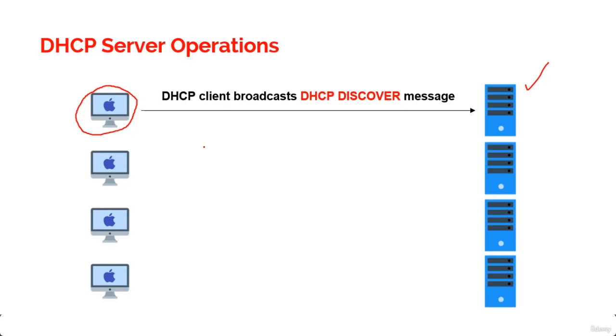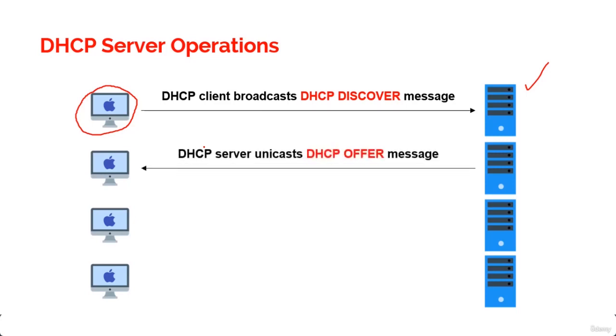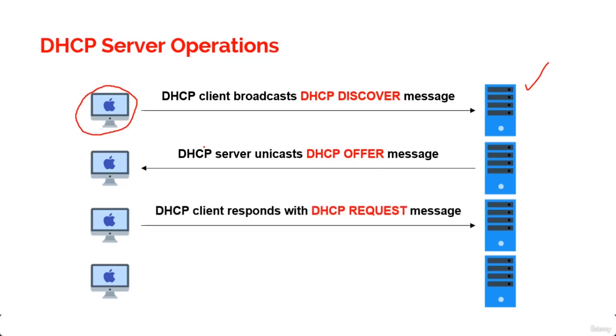Now, the first step is the DHCP client broadcasts the DHCP discover message, which means that the client, or the host in this case, which is your machine, will ask the DHCP server for an IP address. Now, I want to tell you one thing: you might have a query in your mind, why would my PC need an IP address? I already have an IP address. Well, when you log into the internet your IP address keeps on changing, right?